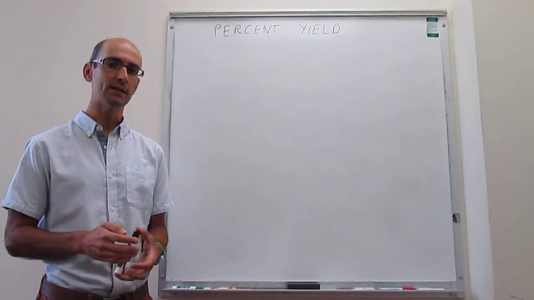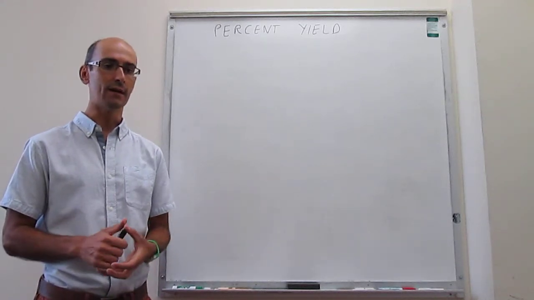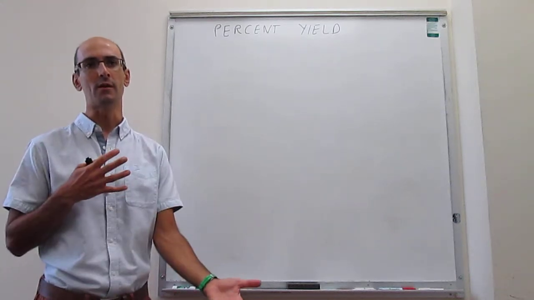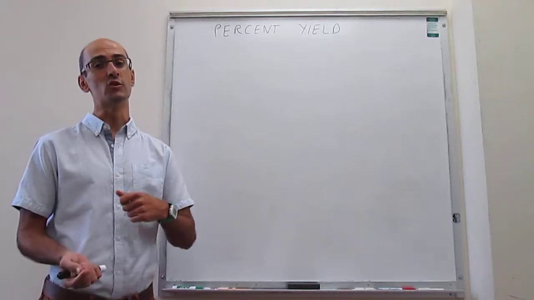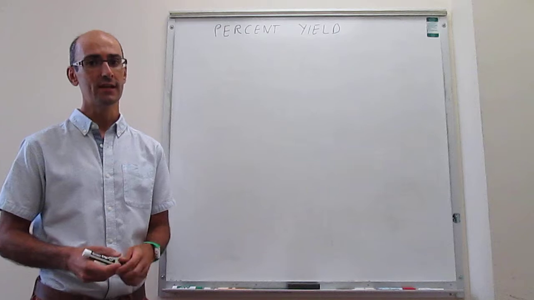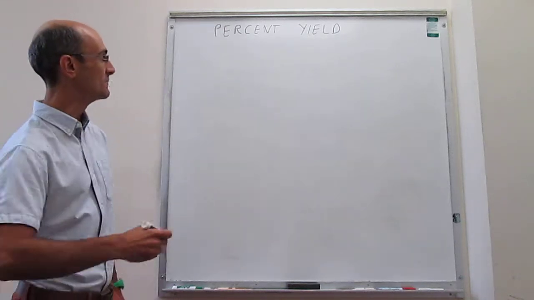Right, so in this video, we're actually going to run a problem to quantify exactly how we talk about what you should get versus what you actually get. That is defined by what we call the percent yield, and the percent yield is very simple to define.